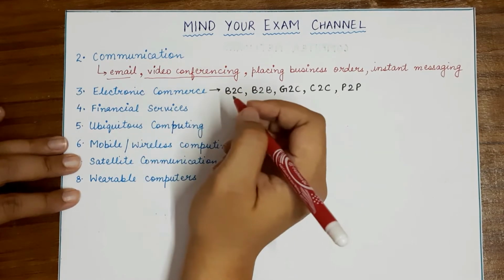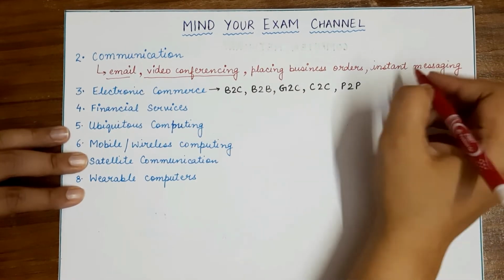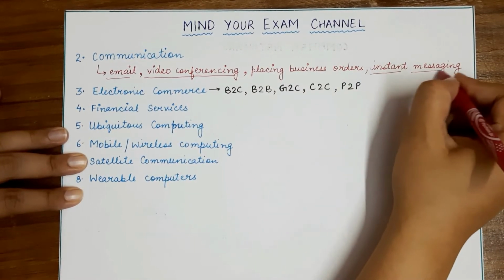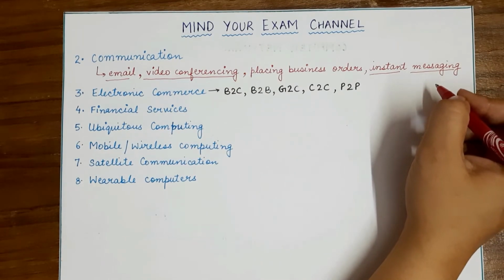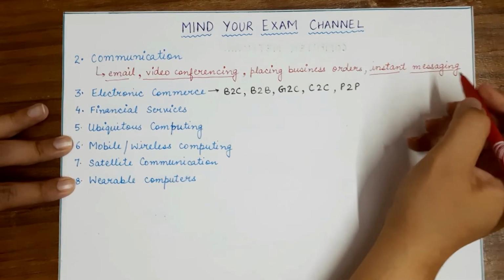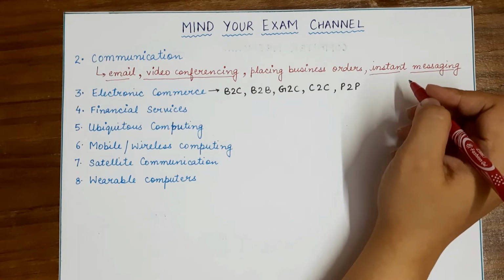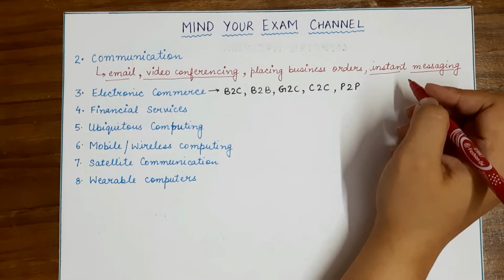Communication can also happen in the form of instant messaging, so you can directly chat with another remote device across the network using your machine, or you can place some business orders. That is also some kind of communication. Instead of sending out a letter to another company from which you need the resource, you can directly place the business order on a portal located on a company's website. Again, you are accessing the network to perform your task.